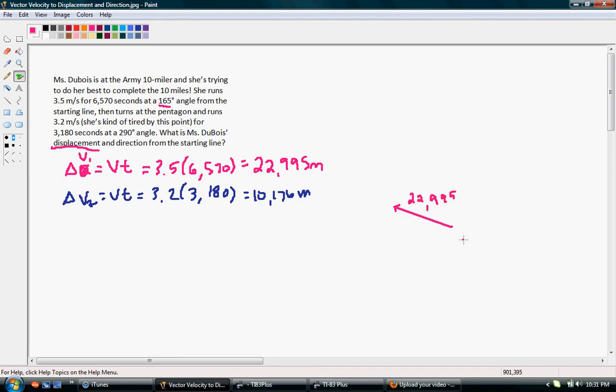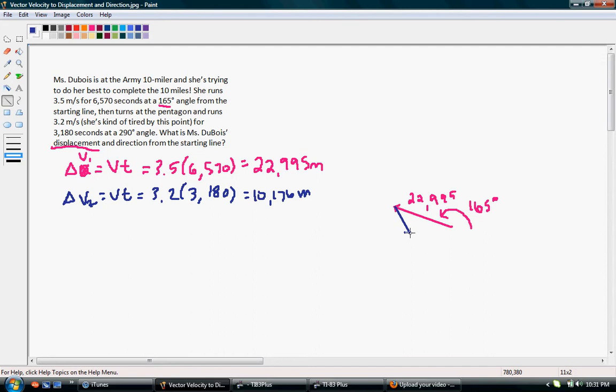Again, our direction from 0 is 165 degrees. Then we have our second vector, which is 10,176, but it's at 290 degrees. 270 would be straight down, so 290 will be just a little bit past that.